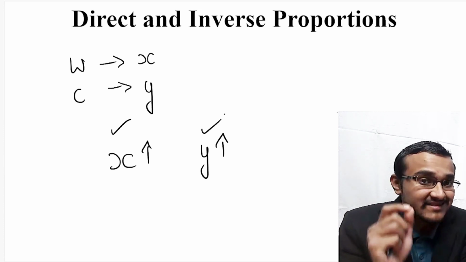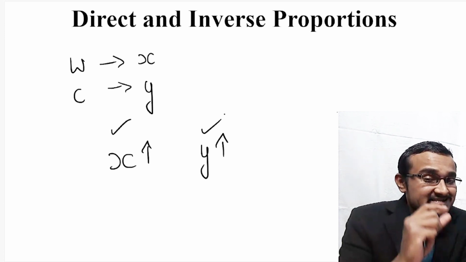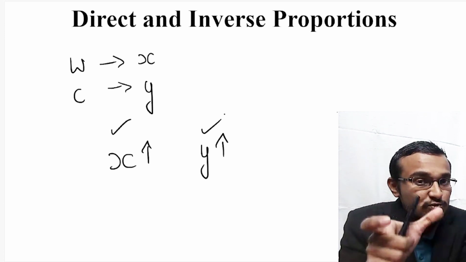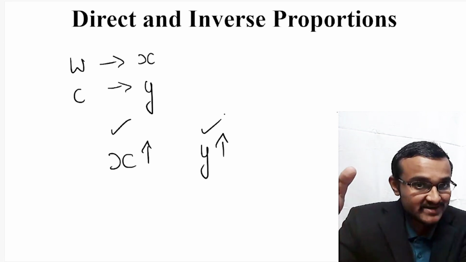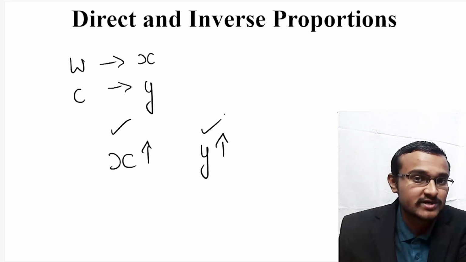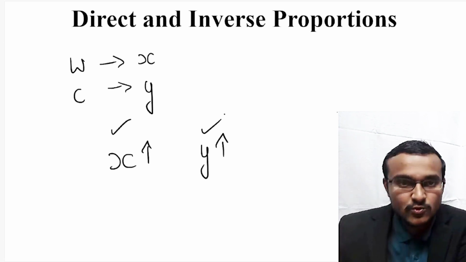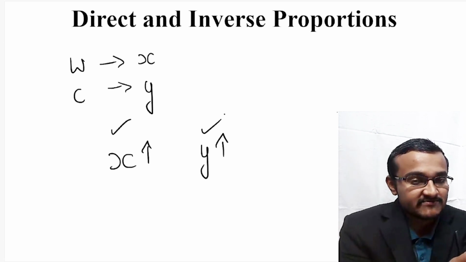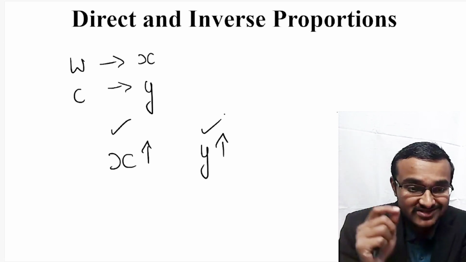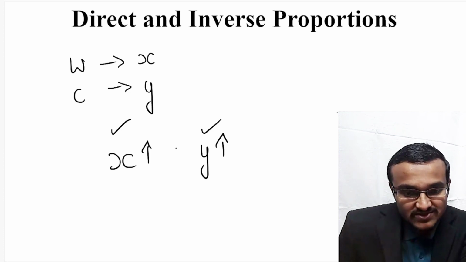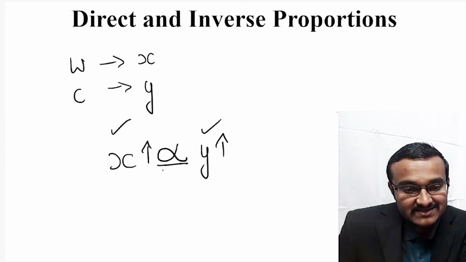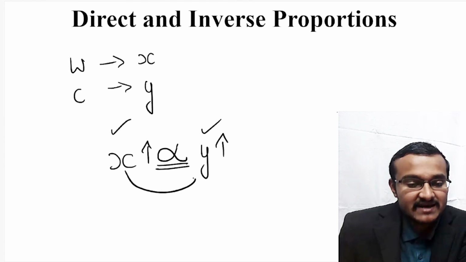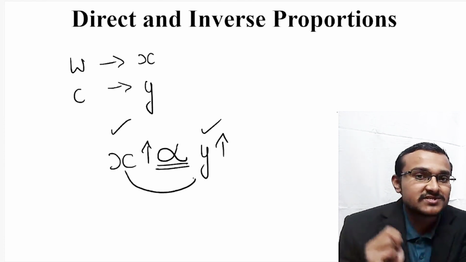Now when there is a direct relation between two physical quantities, that means if one increases, the other physical quantity is increasing, and if one physical quantity decreases, then the other physical quantity which is related with that particular physical quantity will also decrease. So in this particular case, we will write a symbol like this, which will tell us that this particular x and y are directly proportional.